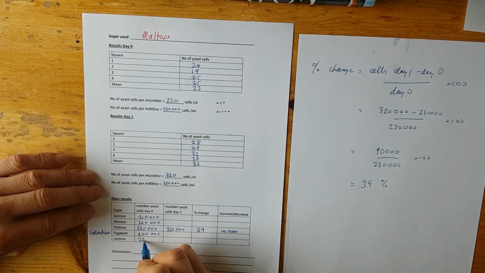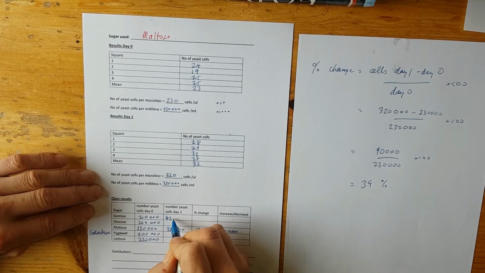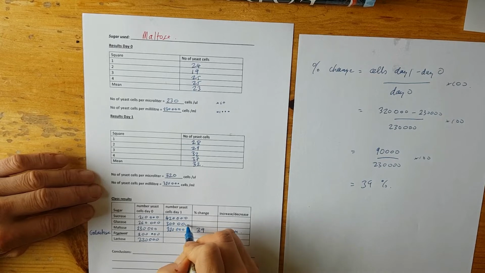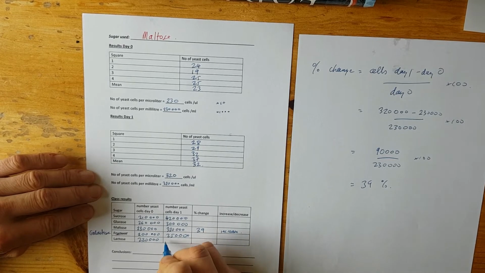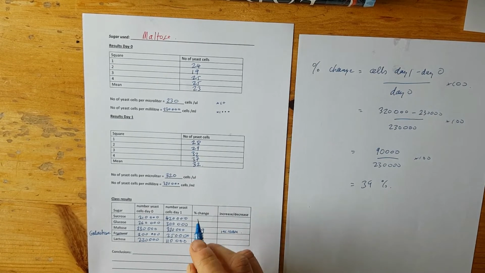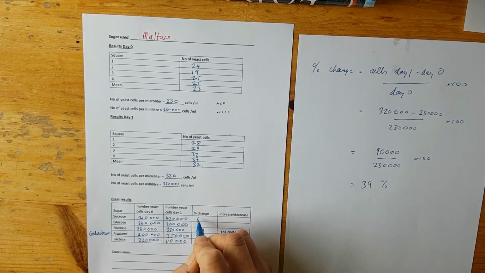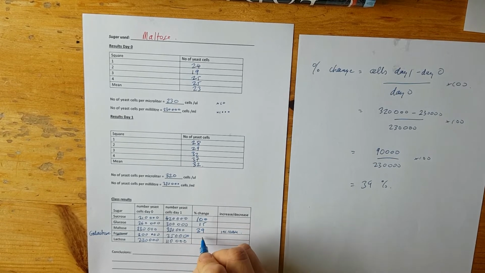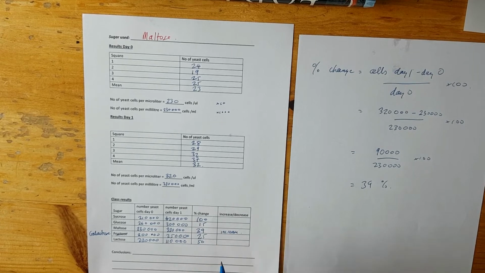And lactose, 220,000, 420,000, 300,000, 250,000, 250,000, and 110,000. So if you haven't got any results, you can use these. When I've done my calculations for percentage change, I've got 100, I've got 15, 39, 25, and 50.